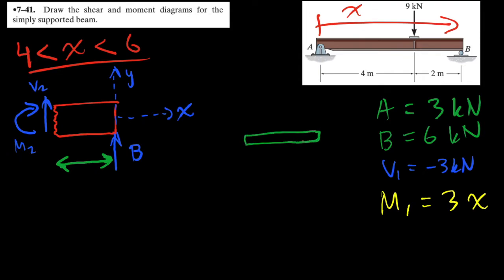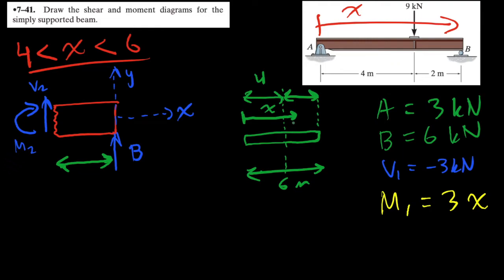If this is our whole beam, and this distance is 6 meters, right? Let me just highlight the fact that this distance is 4, and our x is now relevant to this distance, right? So this is our x.